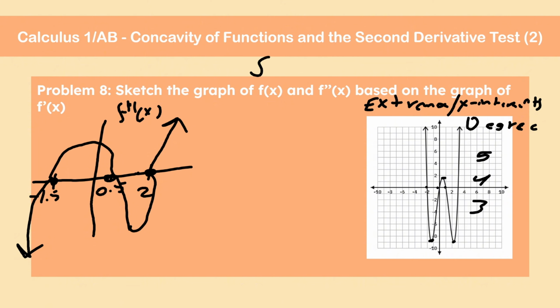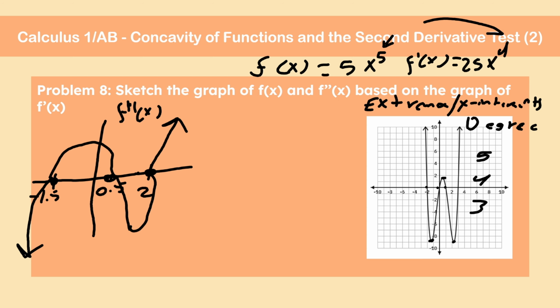So if you have like f of x is equal to 5x to the power 5, well, its derivative will be 25x to the power 4. As you can see here, it has 1 less degree than its previous one. So using that knowledge, the derivative has a degree of 4, which means that its second derivative must have degree 3, which lines up here because it intersects the graph 1, 2, 3 times.